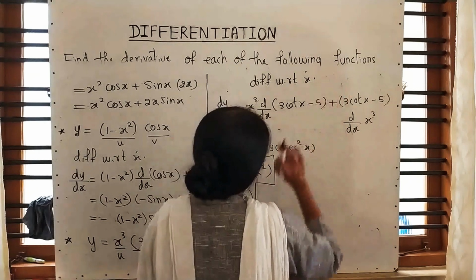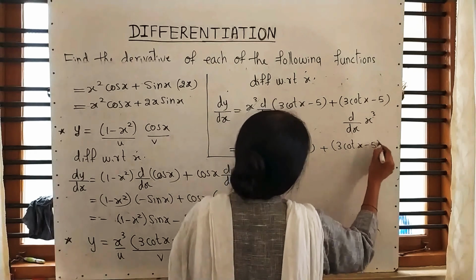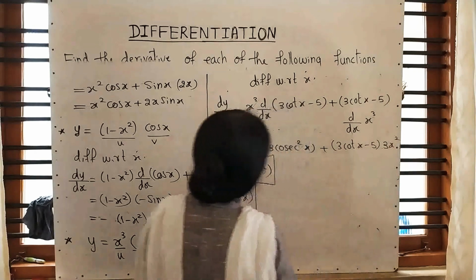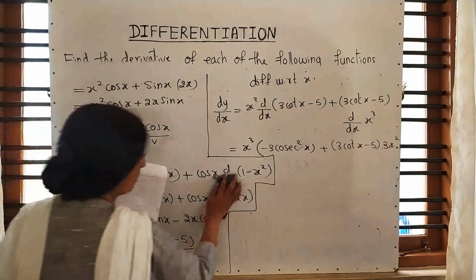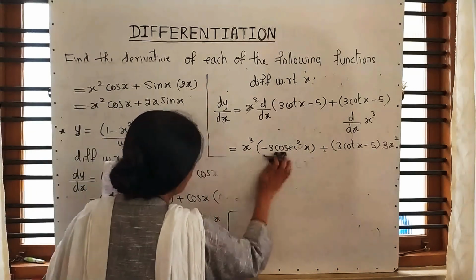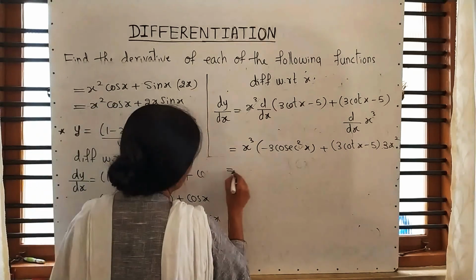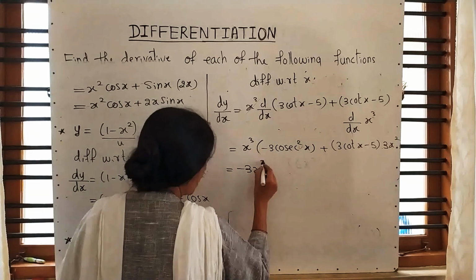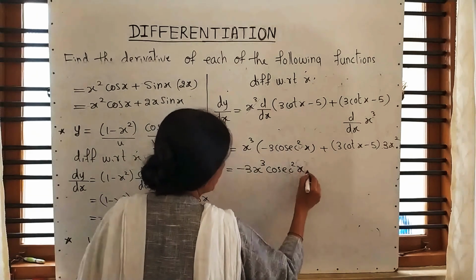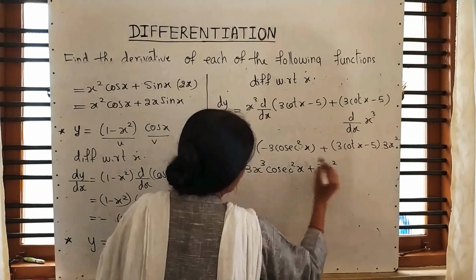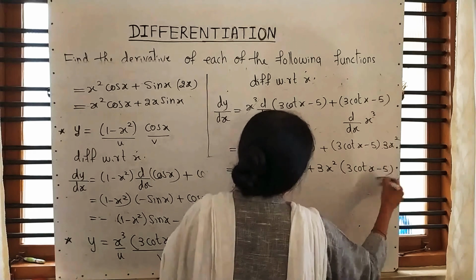And this is a constant 0, so I am not writing. This is 3x square. If you want, you can write one more step here. Minus 3x cube. Don't mix with angle. Next question.